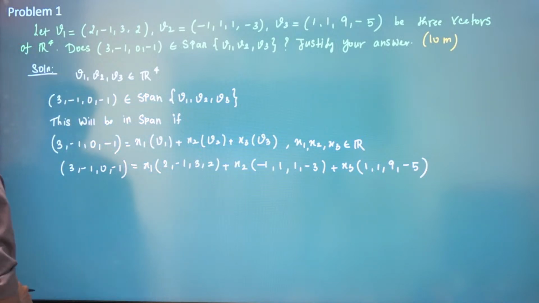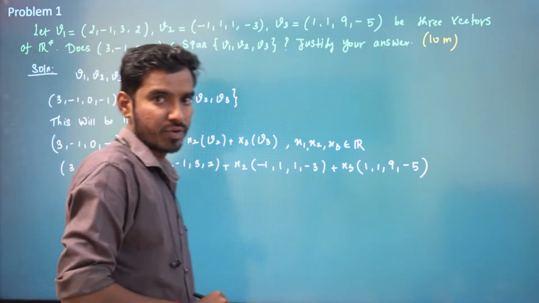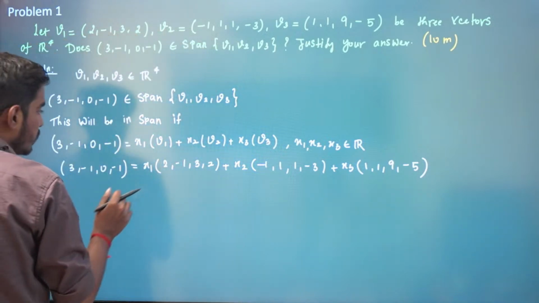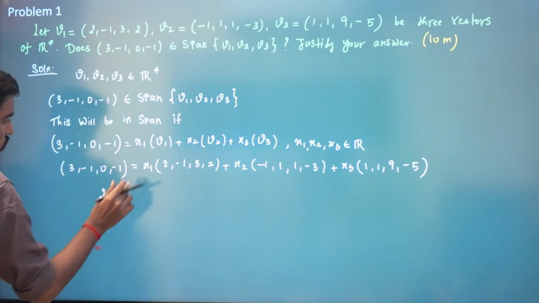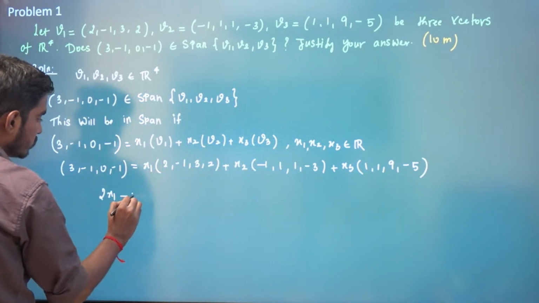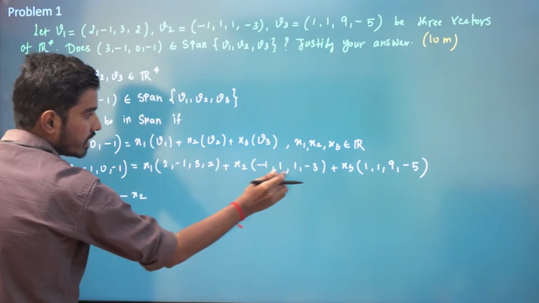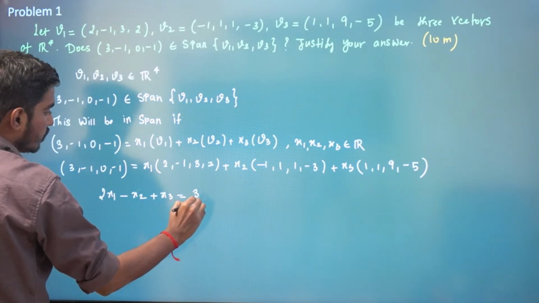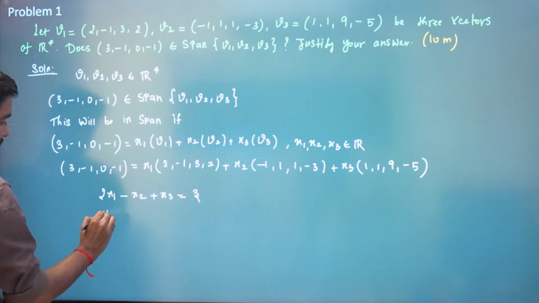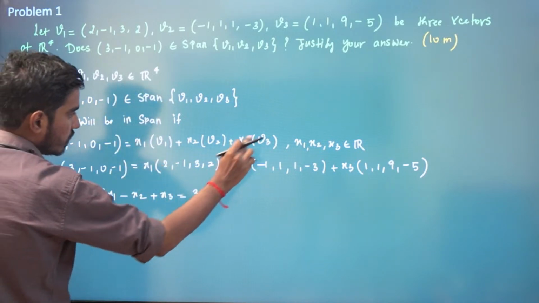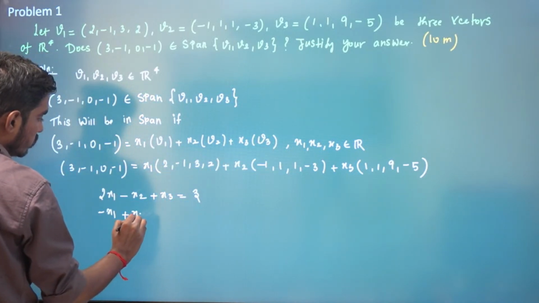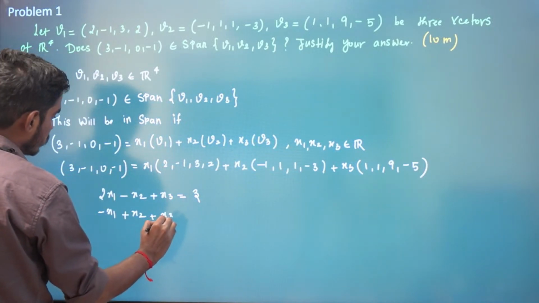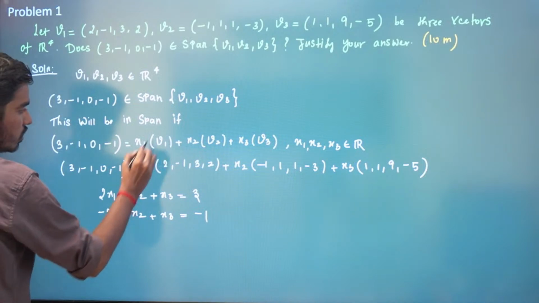So this reduces to a system of linear equations. What is the equation we have here? We have 2x1 minus x2 plus x3 is equal to 3. Then minus x1 plus x2 plus x3 is equal to minus 1.